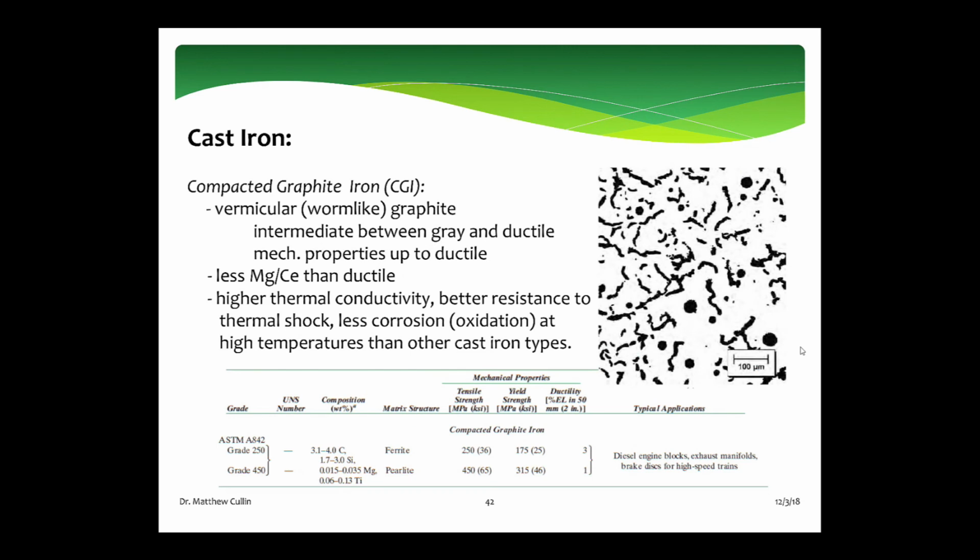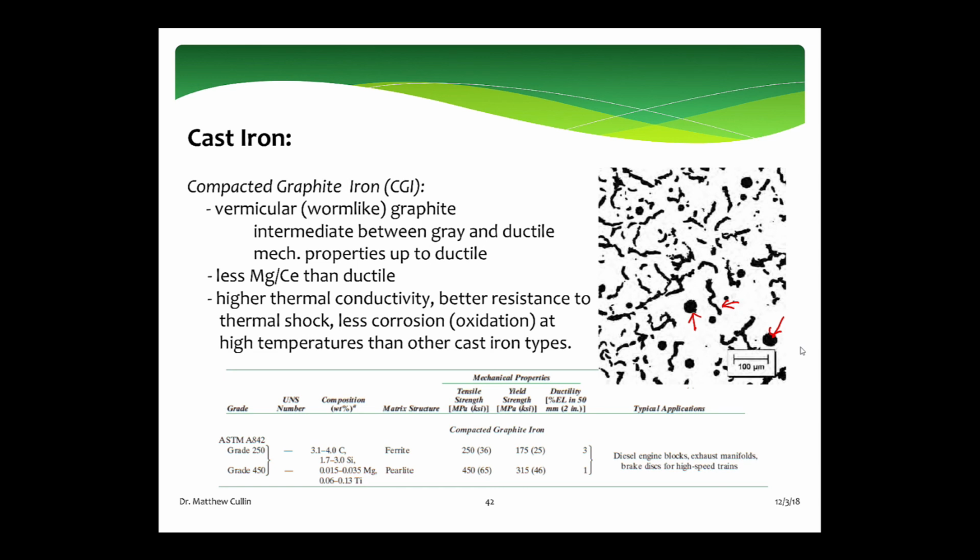Compacted graphite iron has vermicular, or worm-like, graphite. Basically we add a little bit less, so it's right in between gray iron and ductile iron. We add less magnesium or cerium than in ductile cast iron, and as a result, you can see a few spherical graphite nodules, and then these worms, which look like rounded graphite flakes.